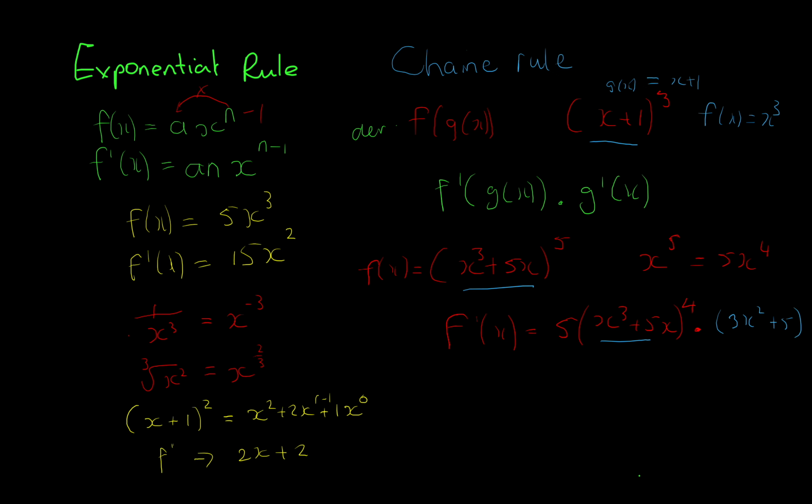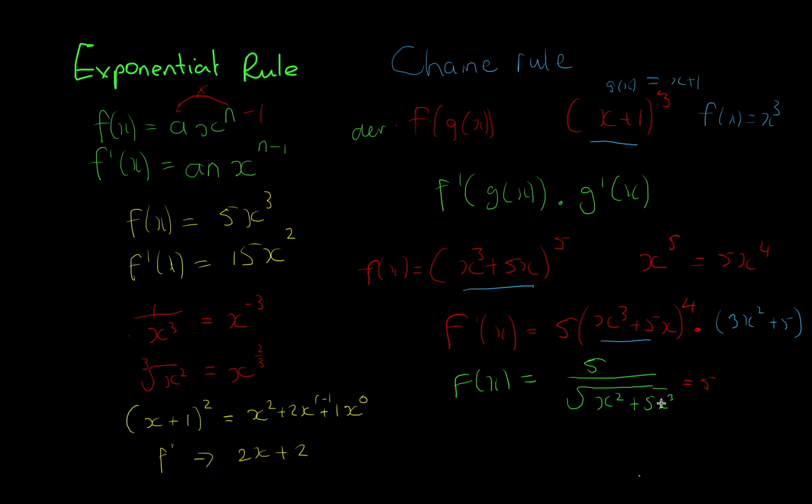This applies for any type of function. Let's take the most advanced example that you'd use for this type of rule. Let's say you've got 5 over the square root of x squared plus 5x to the power of 3. Okay, so let's get the derivative of this. Again, we'll first rewrite this in exponential form.